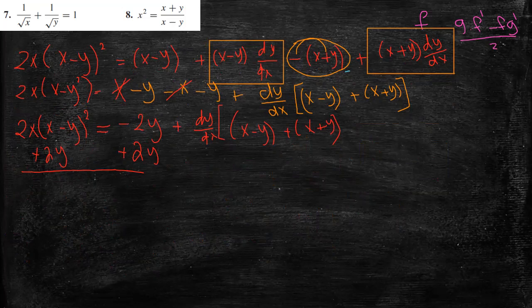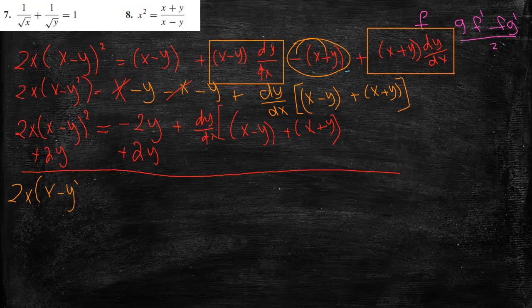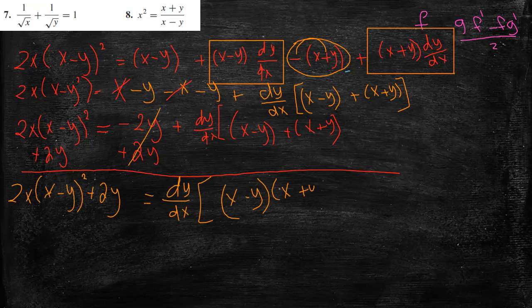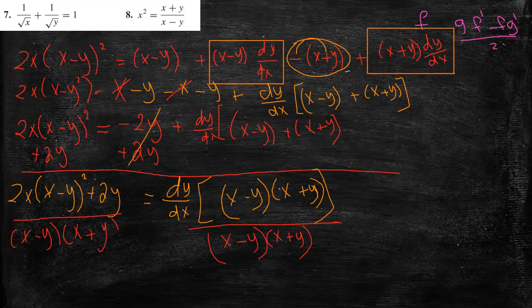So 2x times (x minus y) squared plus 2y equal dy over dx times (x minus y) times (x plus y). Then divide two terms by (x minus y) times (x plus y).